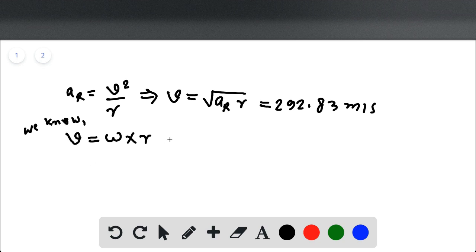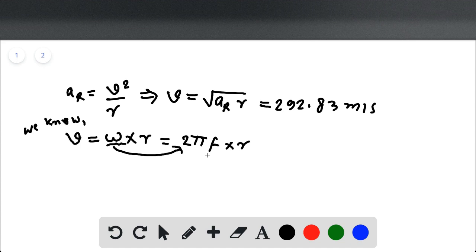The angular velocity is twice pi f, and the next one is the radius.